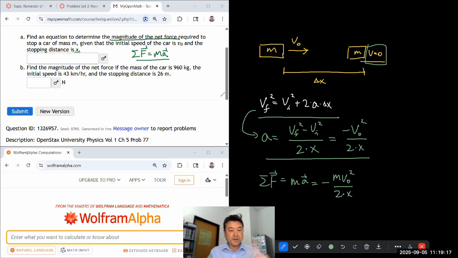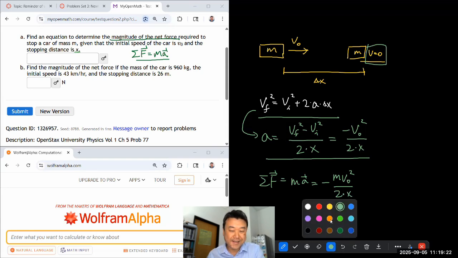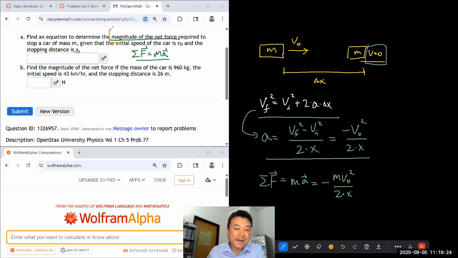And I do like reading the question carefully, and it does say magnitude, which means the question is looking for an absolute value of this. It's not looking for the signed quantity that also indicates the direction. So the answer here ought to be m v naught squared over 2 times x.